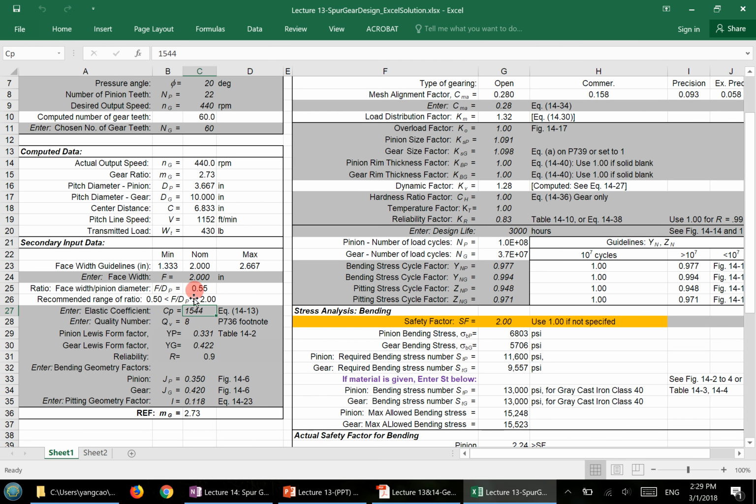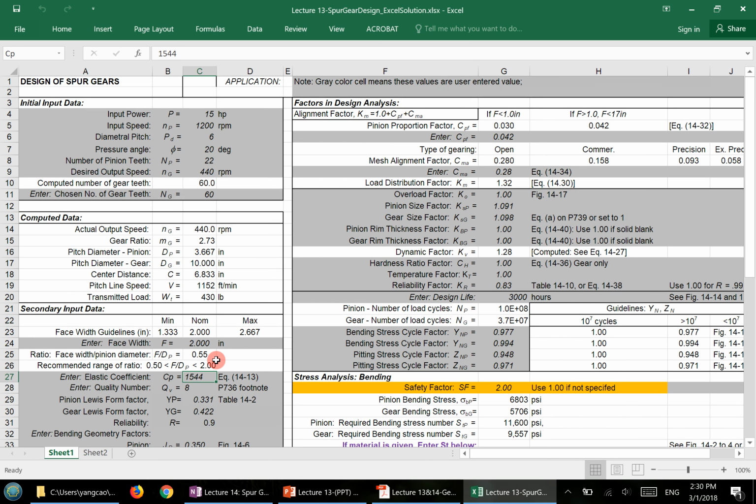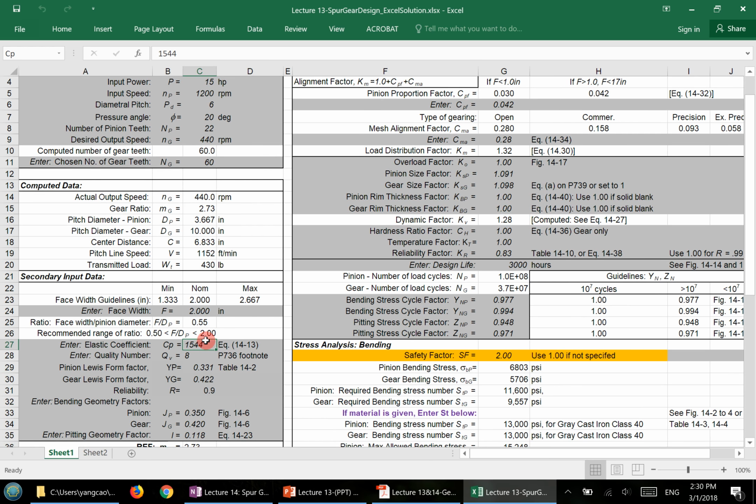So that's the CP. Where did that formula go? Interesting. Anyway, so that's where the CP is. Formula over there.